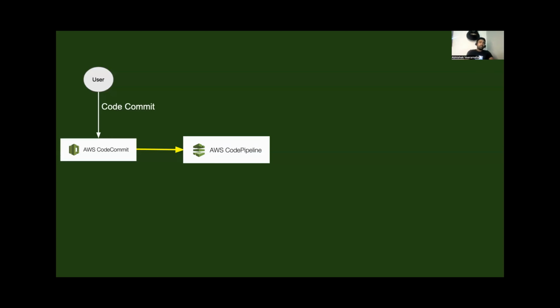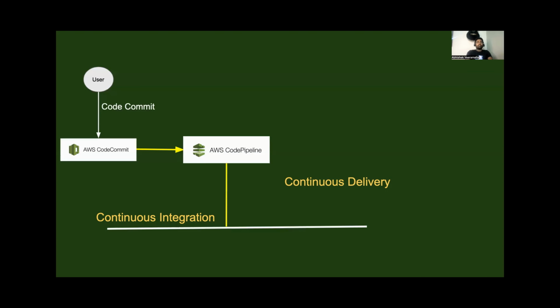Okay. So now this AWS CodePipeline takes the responsibility of invoking continuous integration and invoking continuous delivery. Here I said invoking continuous integration and also invoking continuous delivery. Last time in Jenkins I said implementing continuous integration and invoking delivery. But here what AWS CodePipeline does is, in most of the cases, it will invoke the continuous integration using a service called AWS CodeBuild.